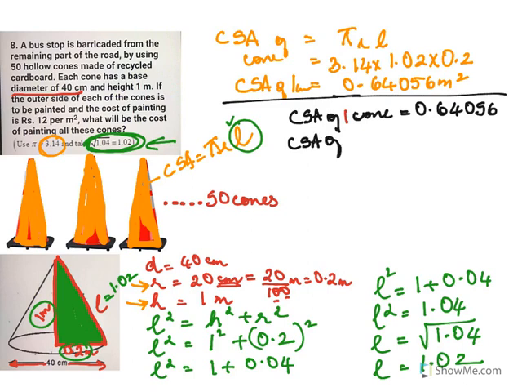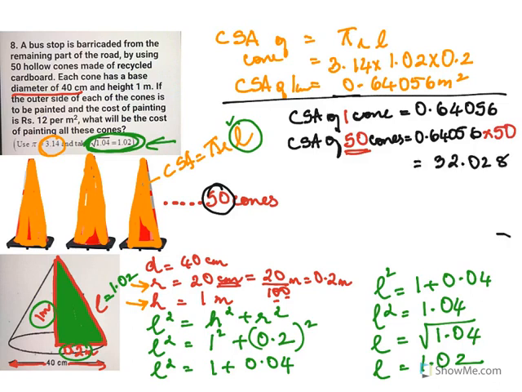One cone is done. Of 50 cones. So we will put here 50 cones, and that will be 0.64056 into 50, because we need to find 50 cones.